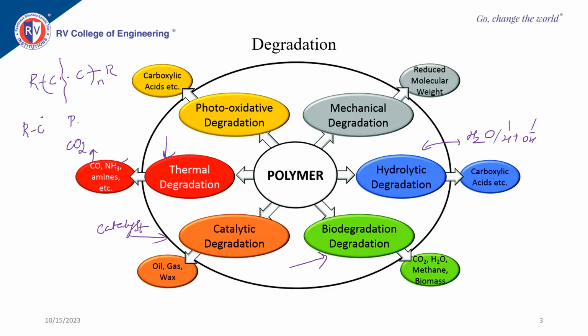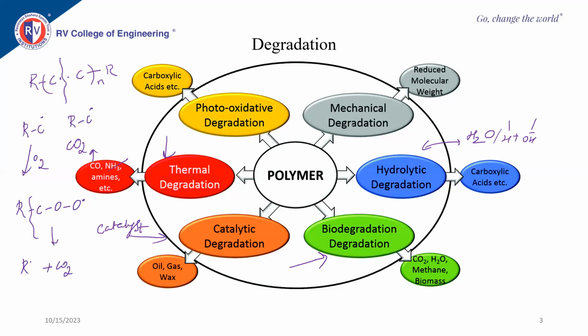As a result, you get a carbon radical. In the presence of oxygen, there is a high tendency that it forms a peroxo radical. Later, the cleavage takes place at this site, forming an alkyl radical and a carbon dioxide molecule. Carboxylic acids are also formed, provided you have OH as the functional group.